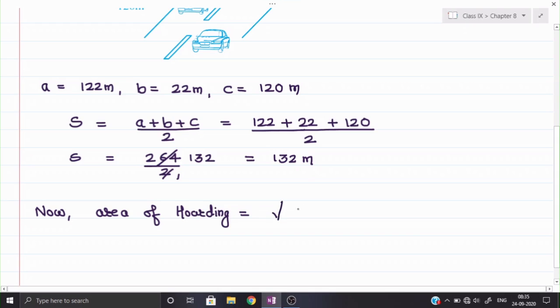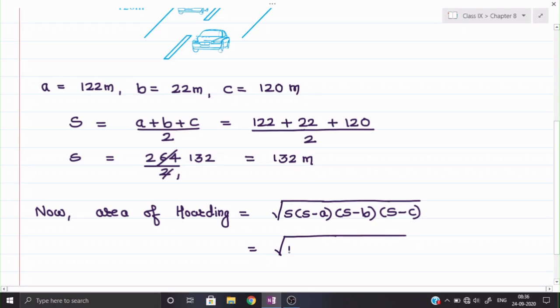The formula is the square root of S into (S minus A) into (S minus B) into (S minus C). Let us put in the values.